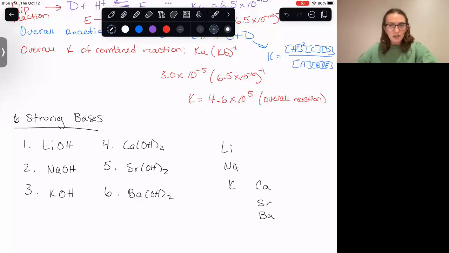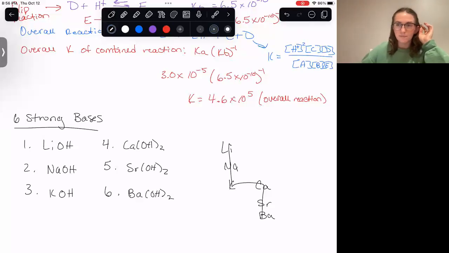So this is what it looks like on the periodic table. If you ever need to figure out what your 6 strong bases are, just start at the top and go down and over. You know that there's 6, so you go 1, 2, 3 over for 1, 2, 3. That's just visually how you can use the periodic table to memorize your 6 strong bases.